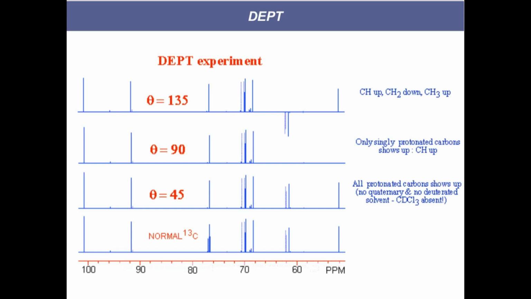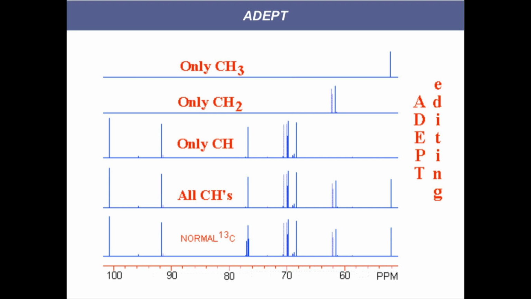You can do an automated editing of a DEPT spectrum. We call that ADEPT. Basically, that means that the corresponding peaks are subtracted from the previous spectrum. So we look at carbon-13 and we compare it to our DEPT 45 and we see that all of our peaks are there.